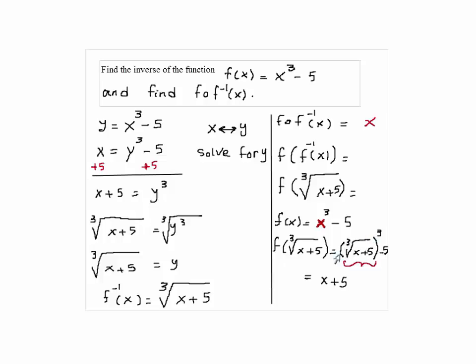Because if I have here x plus 5 cube root of that, this really is x plus 5 to the power of 1/3, right?